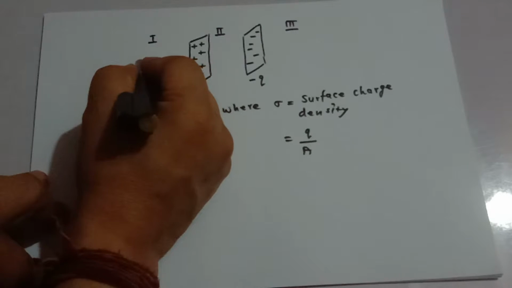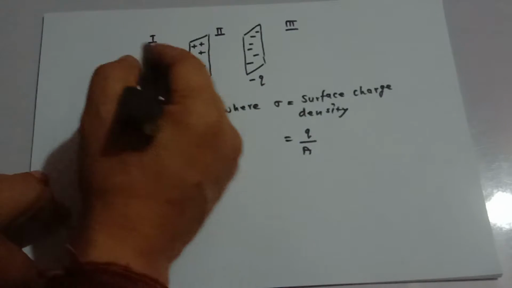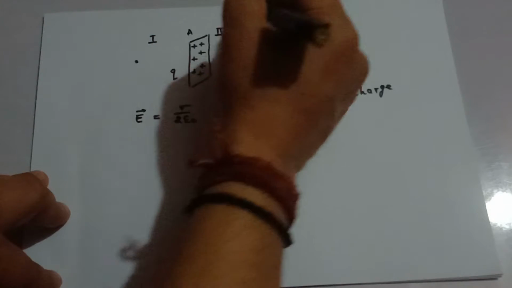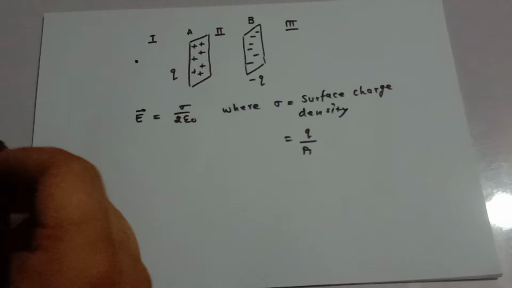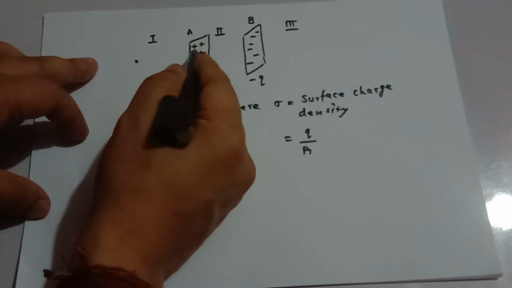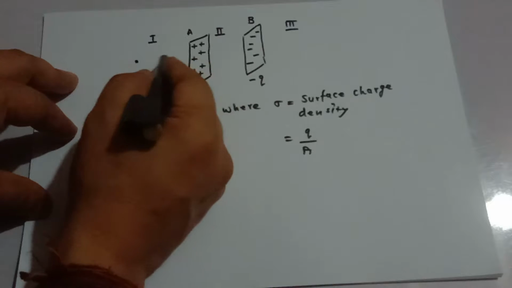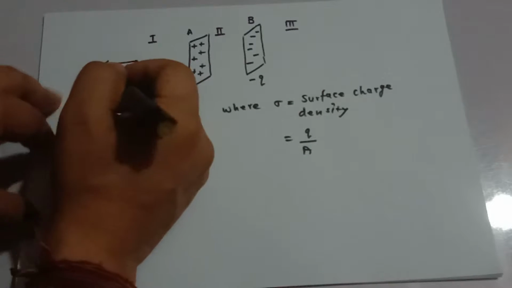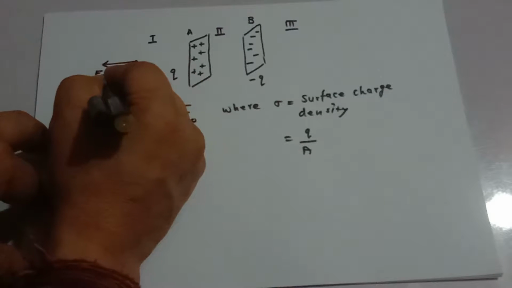So at this particular region, suppose it is region 1, these are the two plates A and B. The electric field, because that is the positive charge, should be away from that particular sheet, and that should be in this direction. So that is the electric field due to A.